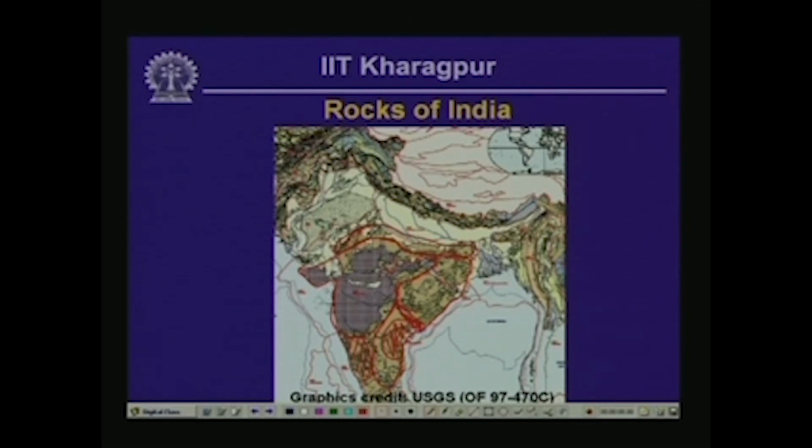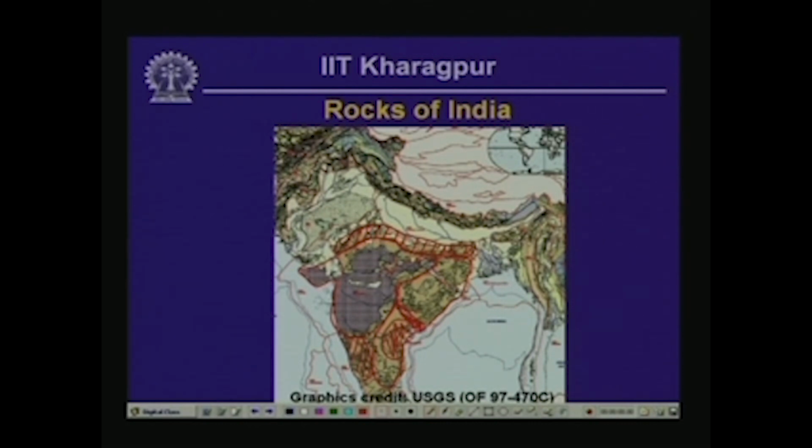Then the Vindhyans, or the Vindhya ranges, that is just to the south of the Gangetic plain. In that area mostly sedimentary type of rocks are found, including sandstone, limestone, shale and conglomerates.